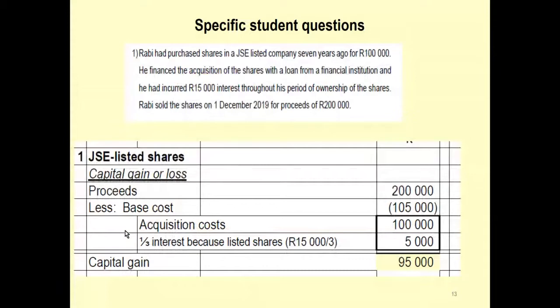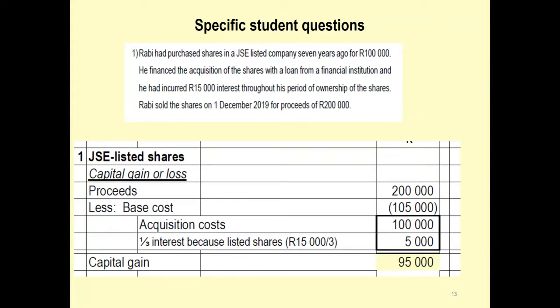So the effect of this on our capital gain or loss calculation is that we're going to have proceeds of 200,000 Rand and then base cost. I really want to encourage you to have a look at the format or structure of my calculation.